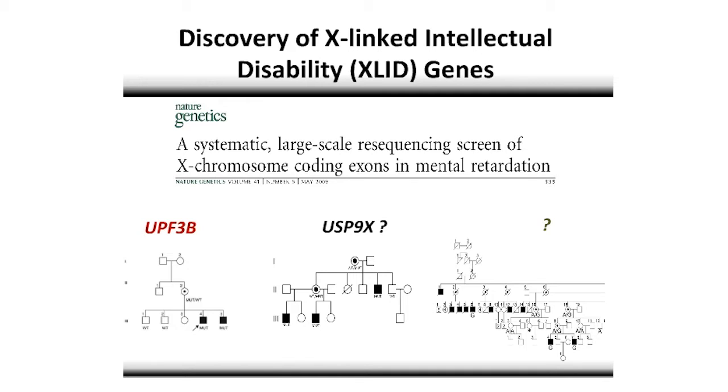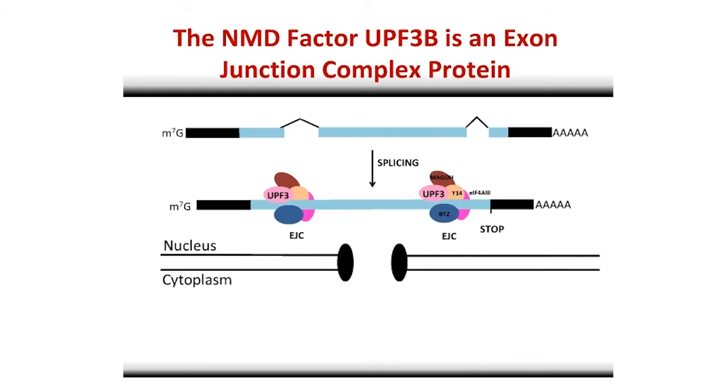Okay, so for UPF3B, this gene is a member of the nonsense-mediated mRNA decay pathway. So I just thought I'd put up a few slides about this cellular mechanism, which is really important for the degradation of transcripts that harbour premature termination codons. UPF3B, you can see here, is part of the exon junction complex, which is deposited on all mRNAs post-splicing.